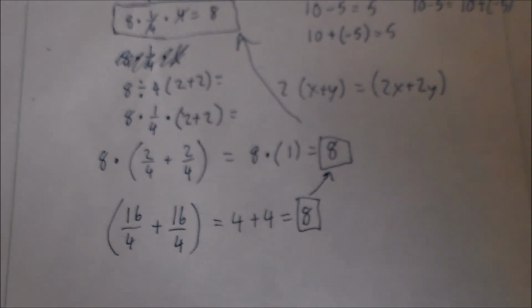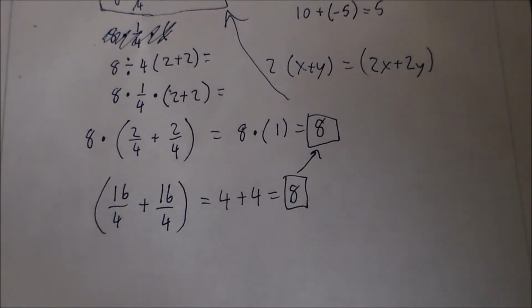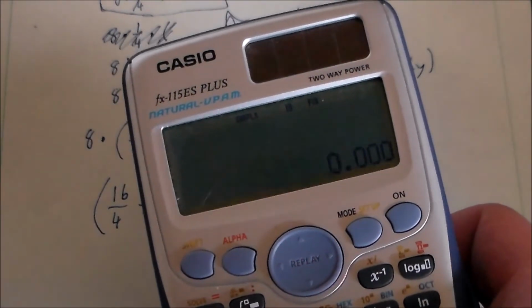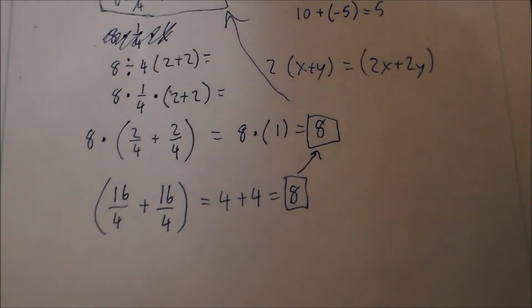Now, if you don't trust me and you don't like any of this, you can have that debate if you want, but I just showed you on a calculator that it works that way, which means someone who programmed this computer to do PEMDAS also agrees with this answer.